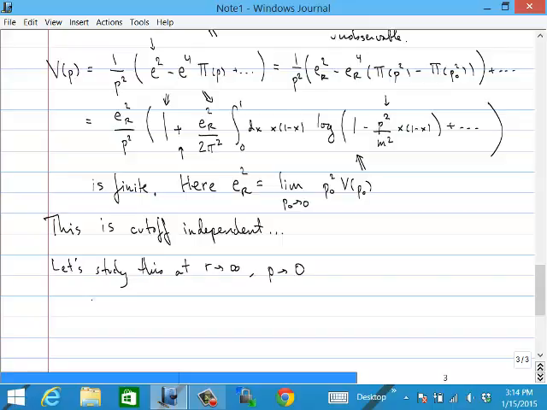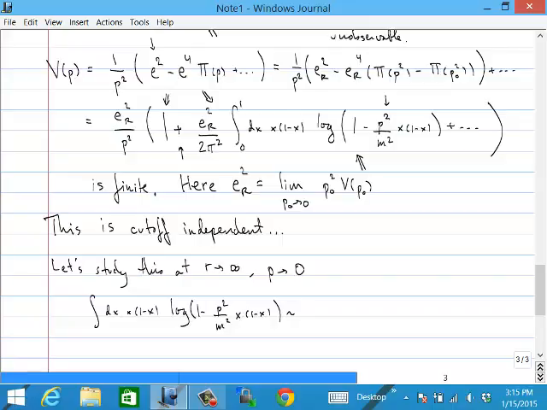So the integral that we're left with is the integral dx, x times 1 minus x, log of 1 minus p squared over m squared, x times 1 minus x. So what is that? The leading term as p goes to 0 is just the log of 1. That's 0, so that doesn't affect us.